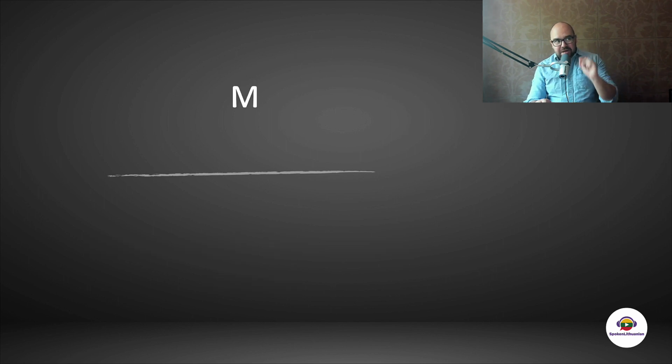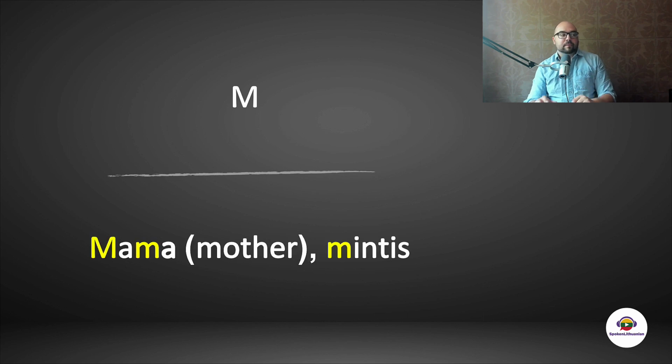Now we have the M, mama, mother, mintis, a thought that we had. I read somewhere that in almost all countries in the world, the word mother starts with the letter M. For some reason it's a common thing, probably because it's easier for a kid to say this sound.